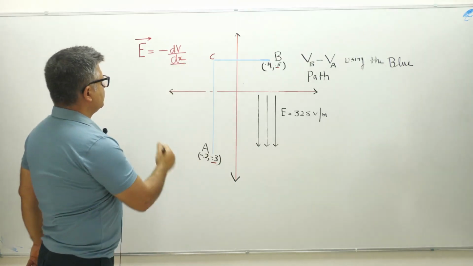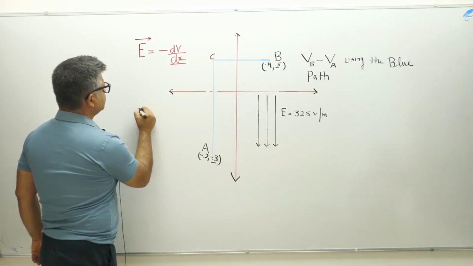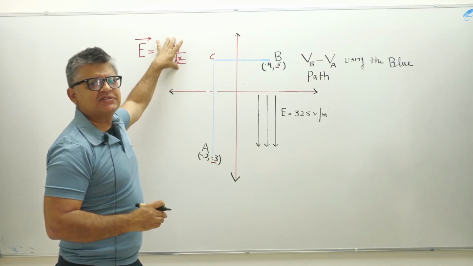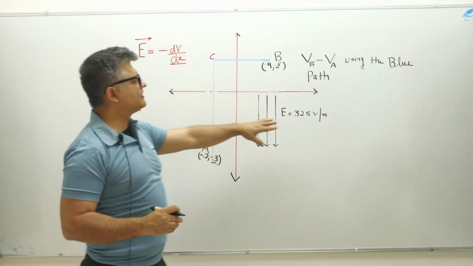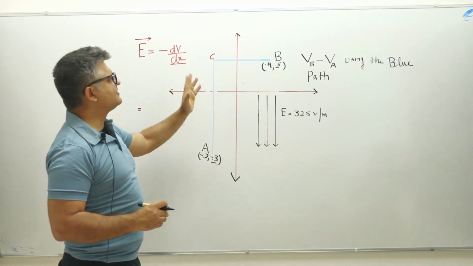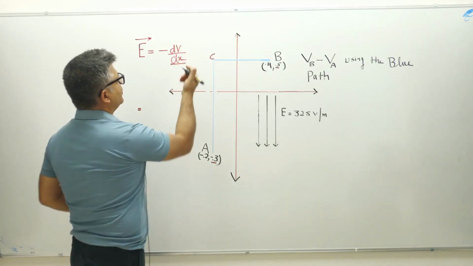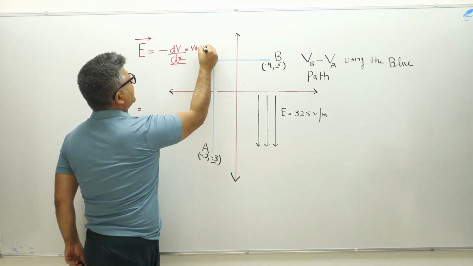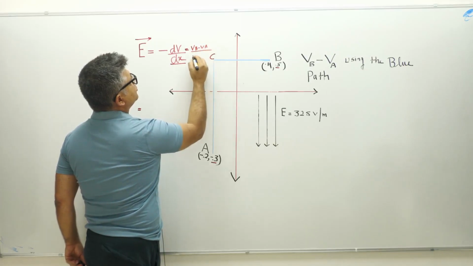The dx we are referring to, although this is more of instantaneous stuff, but if you have a uniform electric field, it's a ratio of VB minus VA, and the distance you move through.